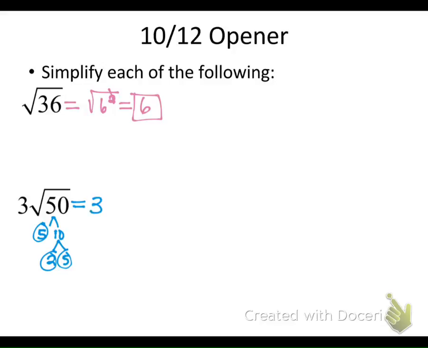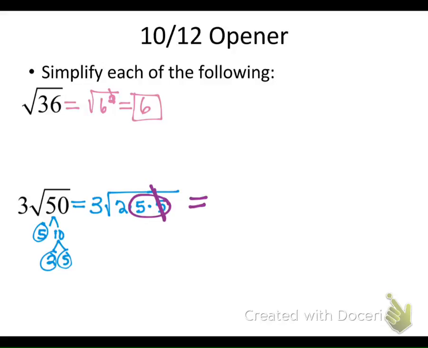So put your 3, your coefficient, square root, and what are your factors? Okay. Then I'm going to circle my factor pairs. Factor pair cancels and joins my other number out in the coefficient. So what's my new coefficient going to be? My coefficient. 3. No. It's 5.